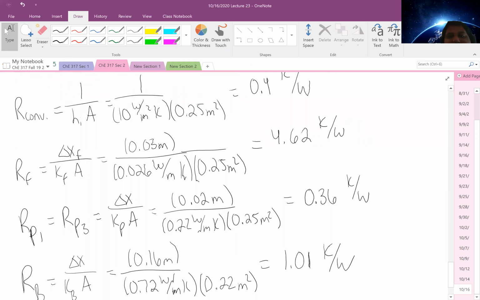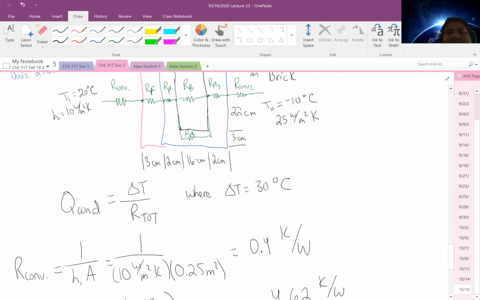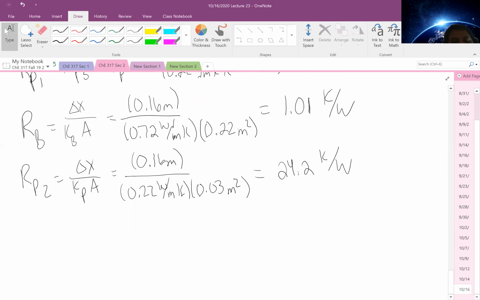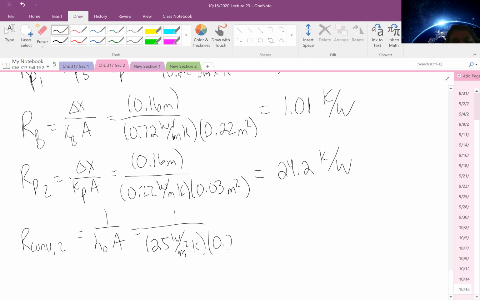And then the last thermal resistance we have to find is the final convective resistance, which is 1 over HO times A, or 1 divided by 25 watts per meter squared Kelvin, divided by the area of 0.25 square meters, or 0.16 Kelvin per watt.